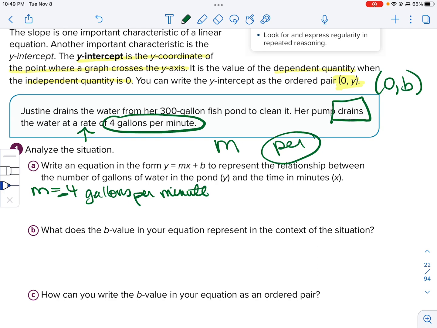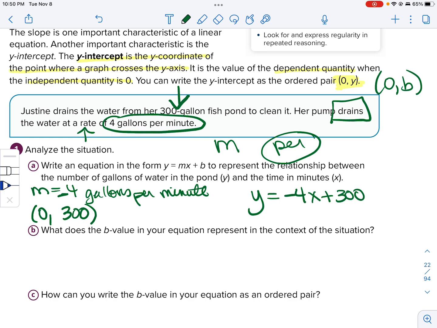How many gallons are in that fish pond? How many gallons did we start with? We started with this. So at 0, we have 300 gallons. So let's write this. My slope is -4x. My y-intercept is 300.